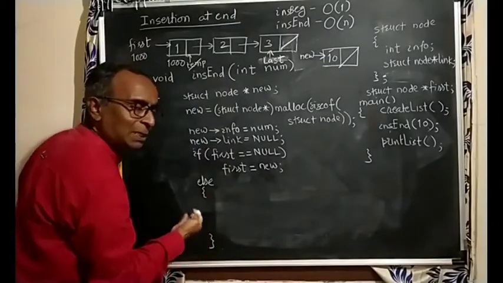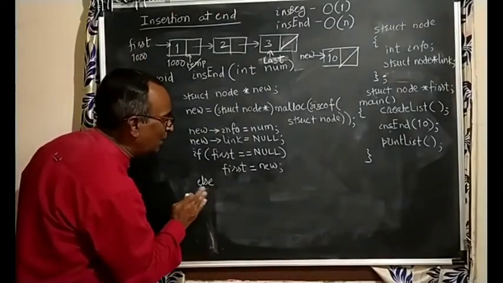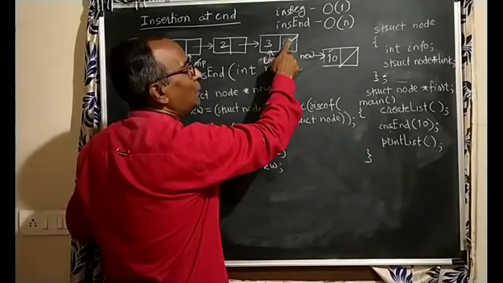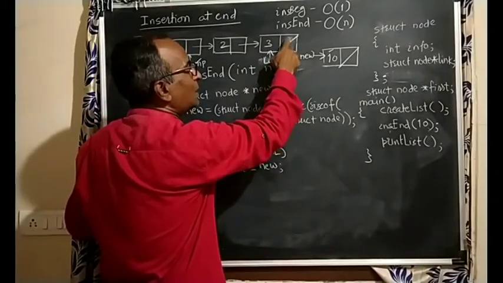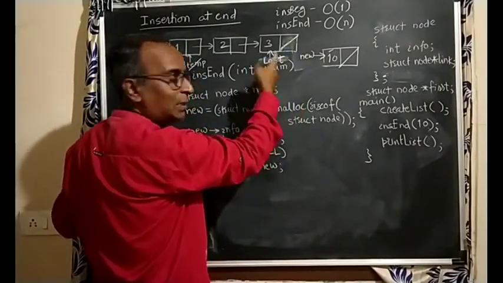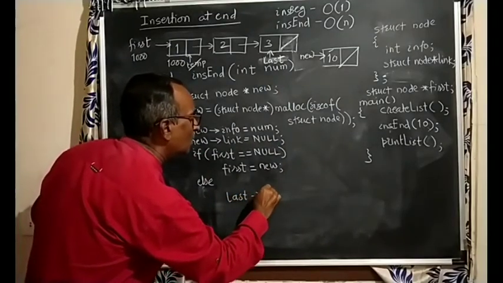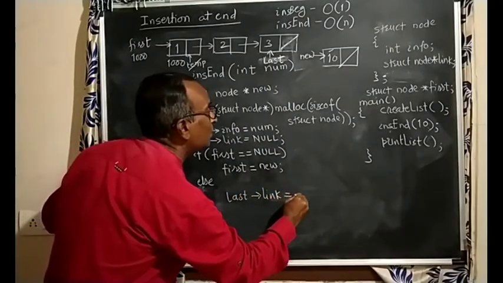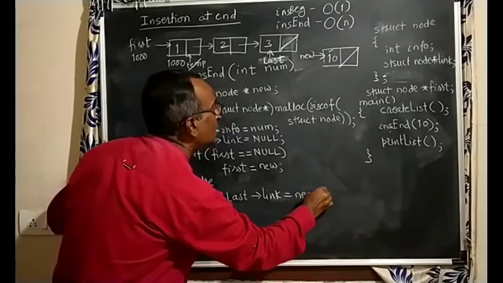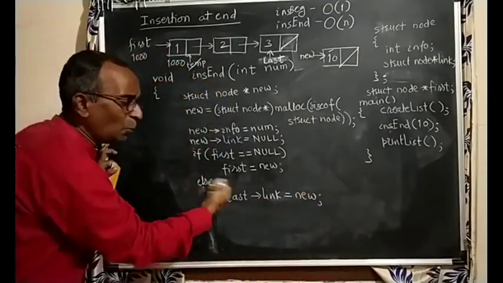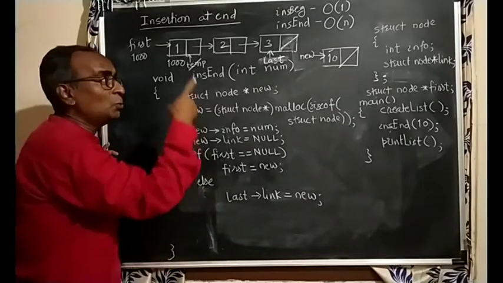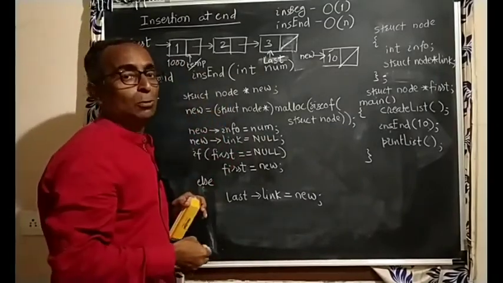So in the else part, what statement will be there? Only this field you have to set. How to access this field? If you have last node's address in last, last's link is given new. That's it. There is no need of a while loop here, because you are maintaining last node's address also.